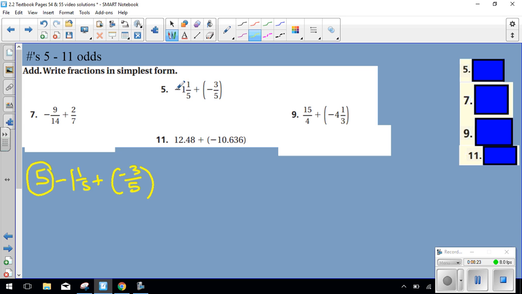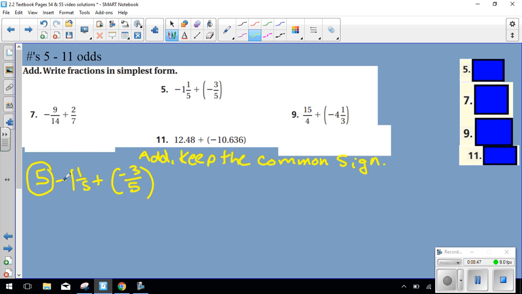The second thing is my signs are the same. So at the end of the day, just like chapter 1, when the signs are the same, I'm going to add and keep the common sign. I know that because I'm in addition and the signs are the same.